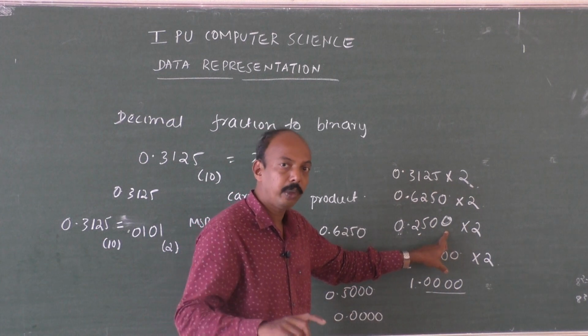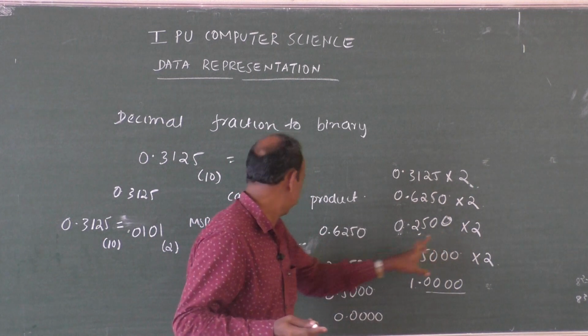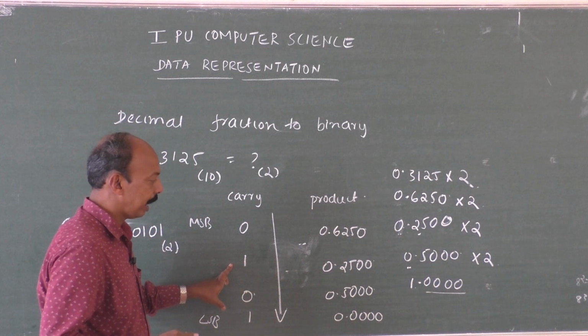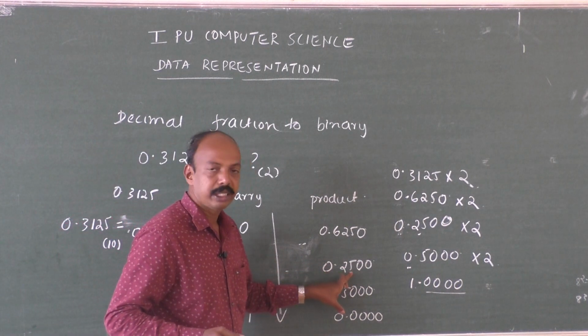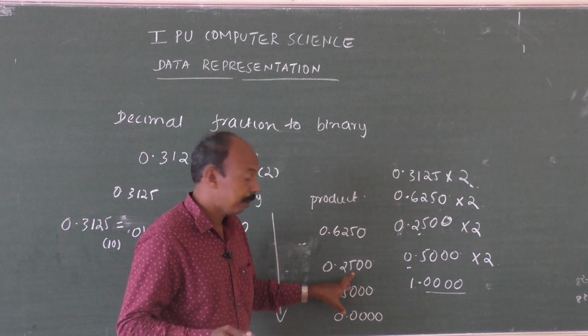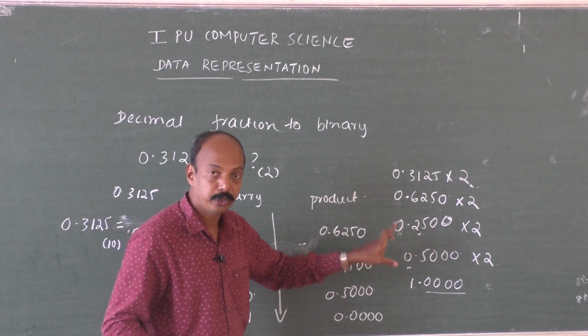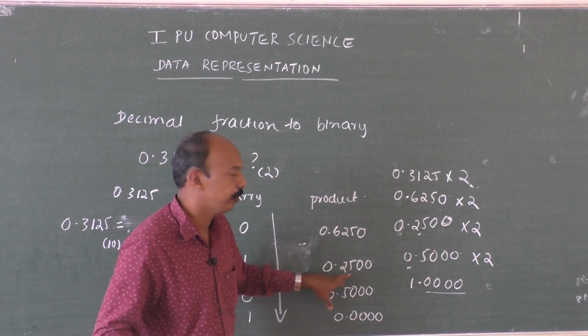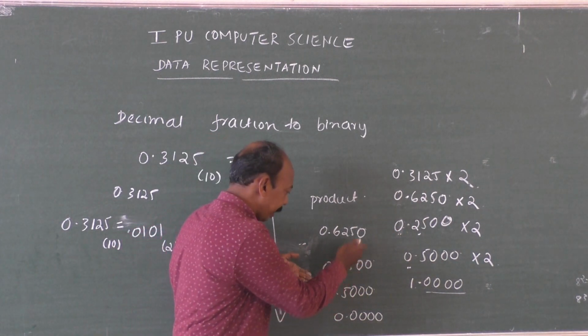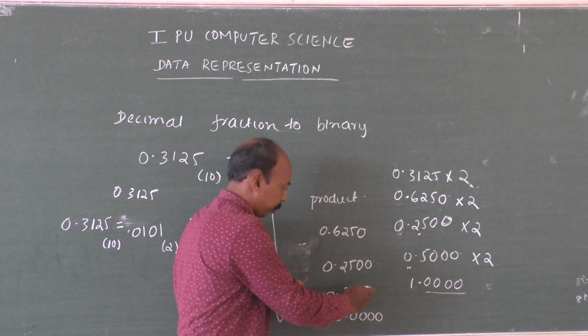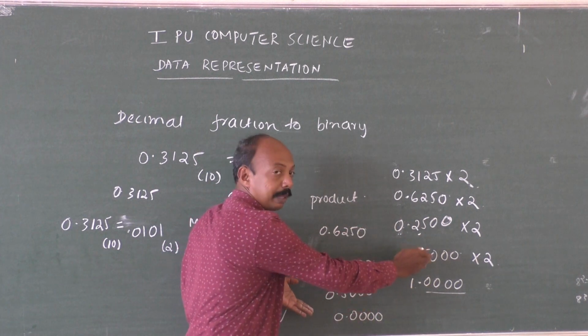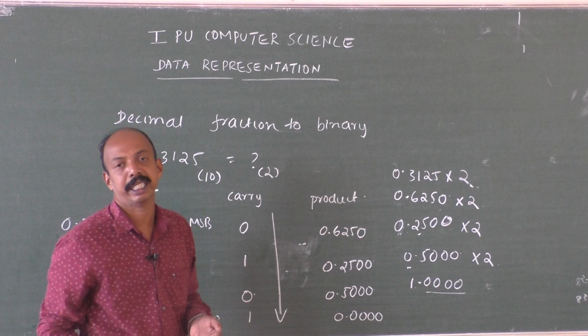So when it is 1.2500, we will write 1 here and 0.2500 here. While multiplying once again, we are not going to multiply 1.25, we will multiply only the fraction. So whatever fractions are here, we have to multiply those fractions by 2 and get the answer in the next step.